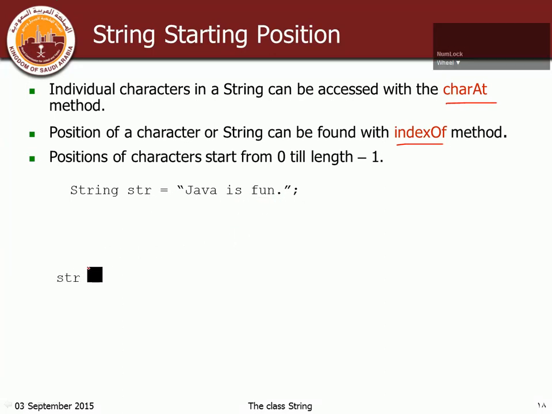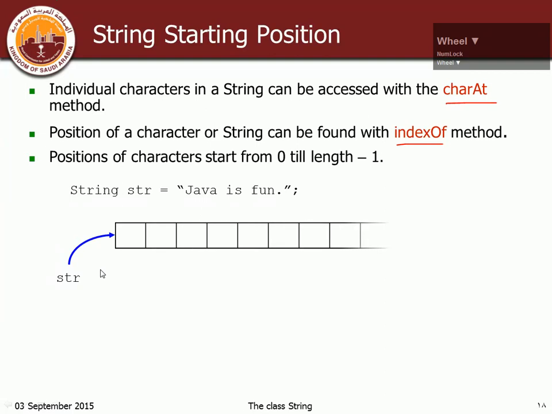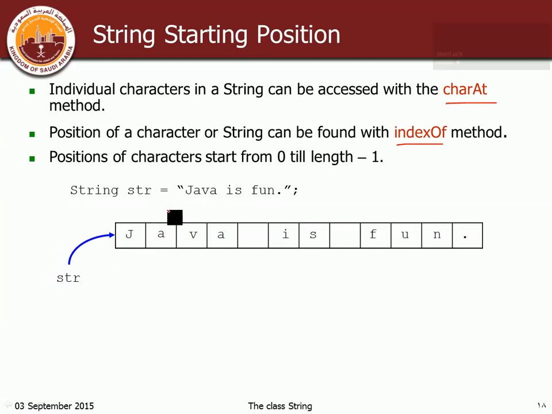Now this means that inside of the memory, this is how it's going to be represented, something like this. So many boxes, and in each box you have one character, and each character has a position, and this position is called the index. The index always starts from 0. So this is what might be confusing.